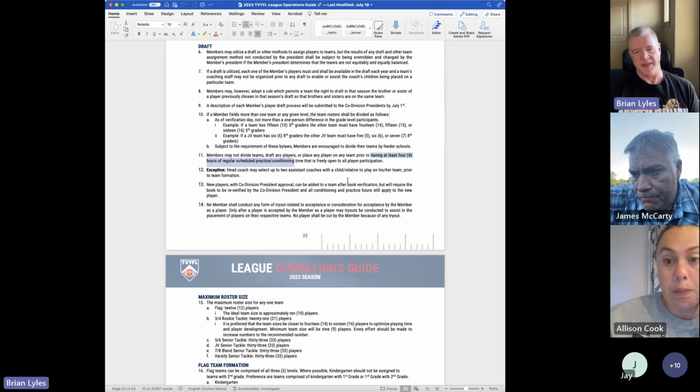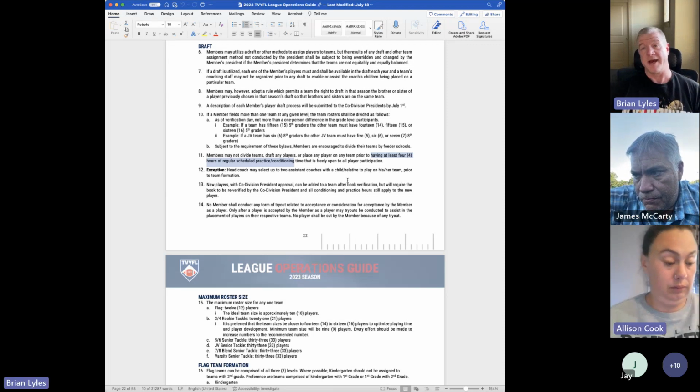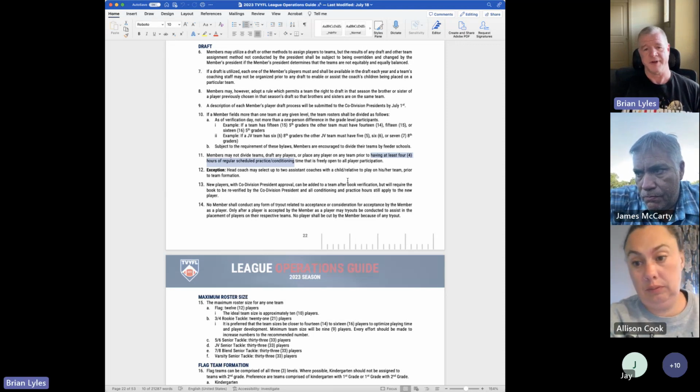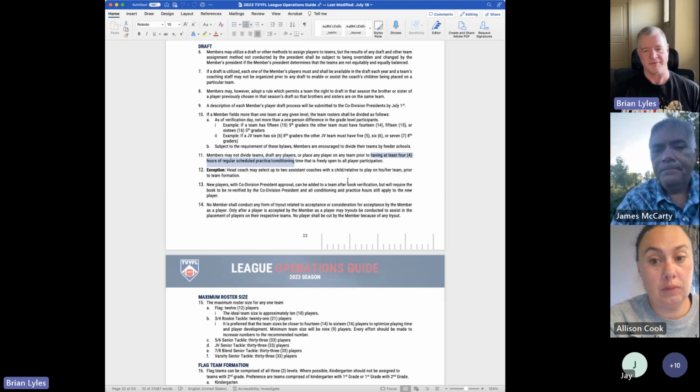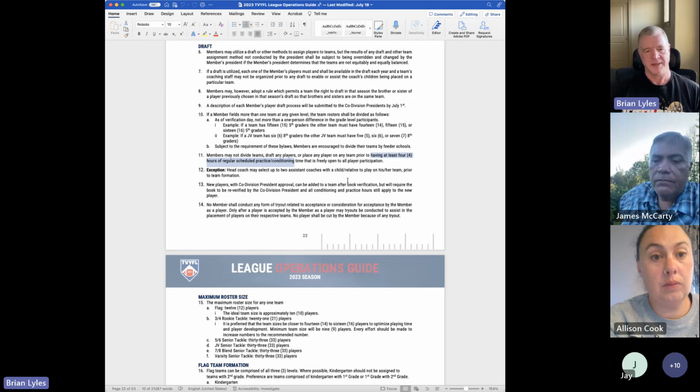I used to do it the second night after pads. So we wouldn't do drafts the week of conditioning. There would be at least 2 days in pads before we'd actually then do a draft. That gave coaches the time to rate players out of pads and in pads.